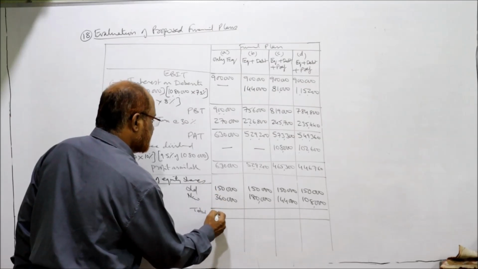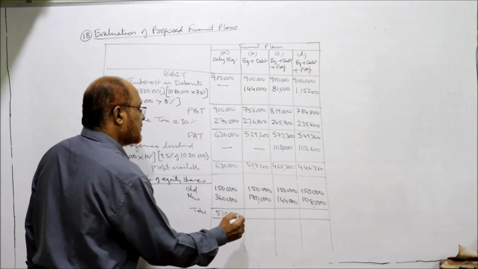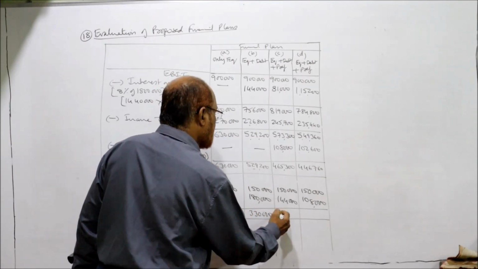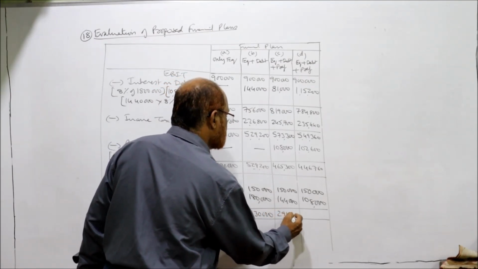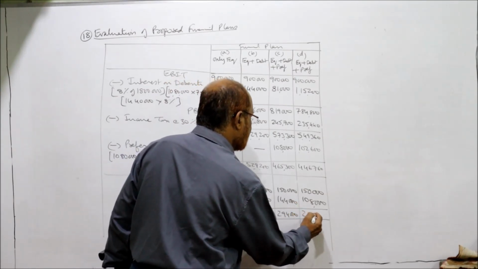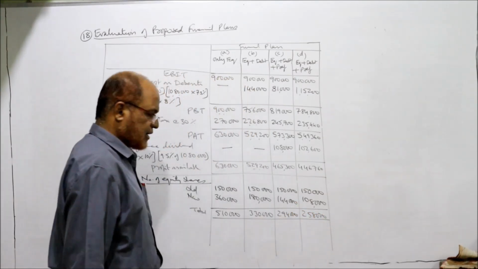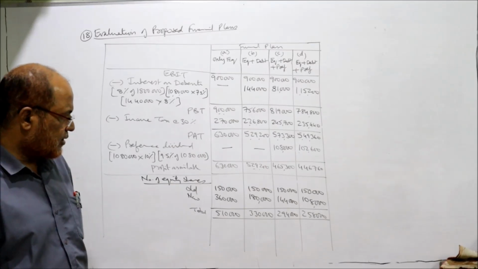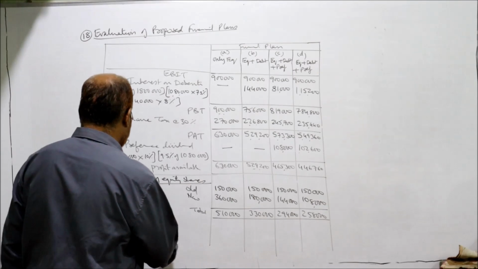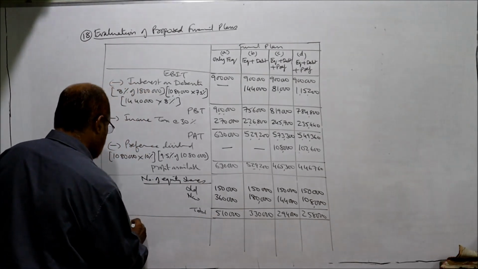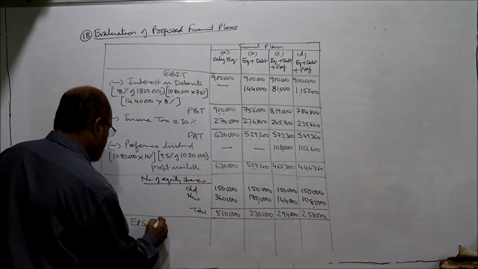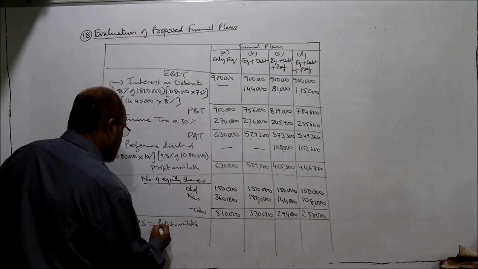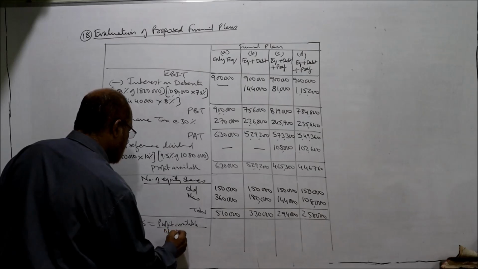Total shares: 5 lakh 10,000, 3 lakh 30,000, 2 lakh 94,000 and 2 lakh 58,000. Right. Profit available divided by number of shares.